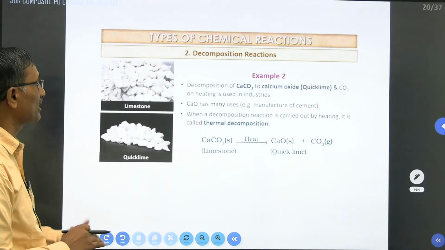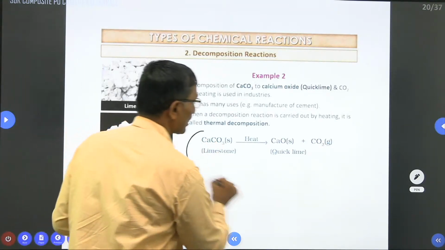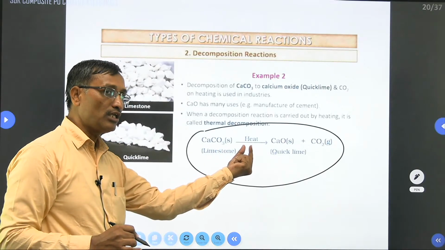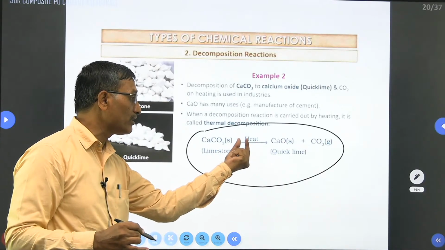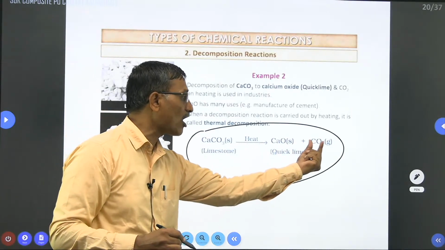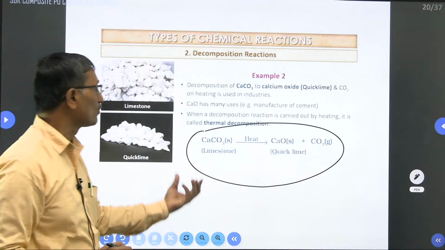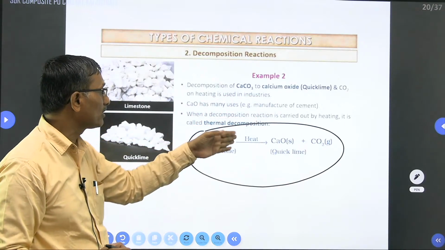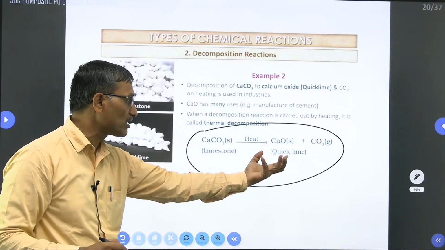Now coming to the next one, we have already taken this one. When we provide heat to limestone, thermal decomposition of limestone gives rise to quicklime plus carbon dioxide. So decomposition of calcium carbonate to calcium oxide, and calcium oxide is used on the industrial side.